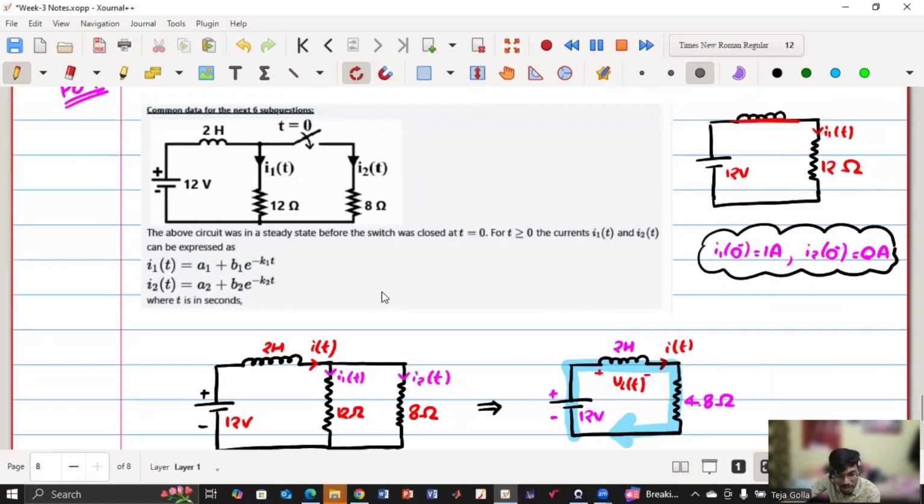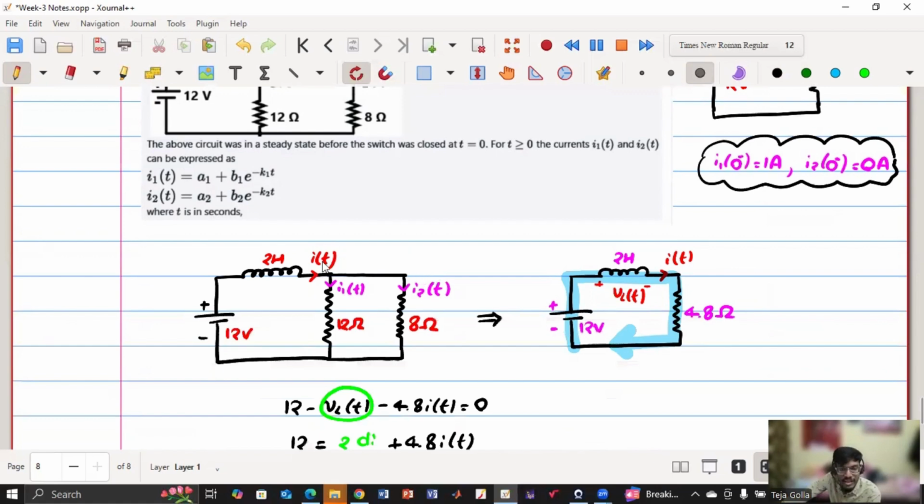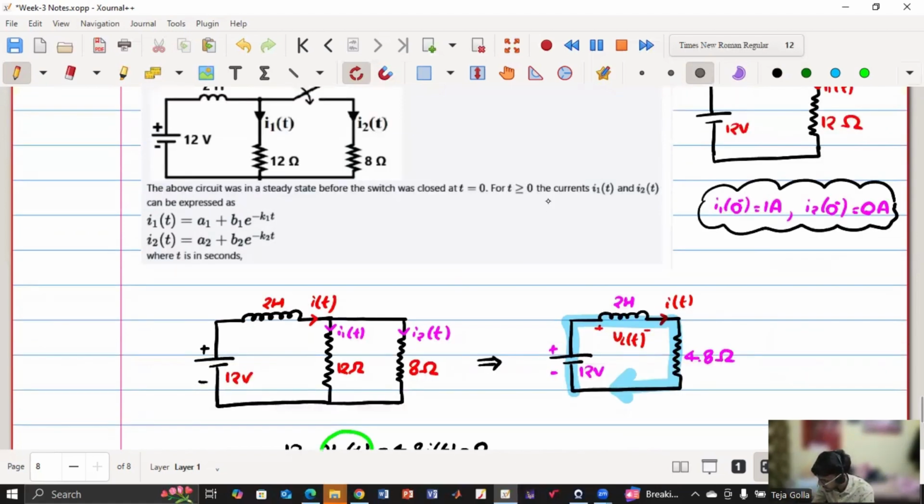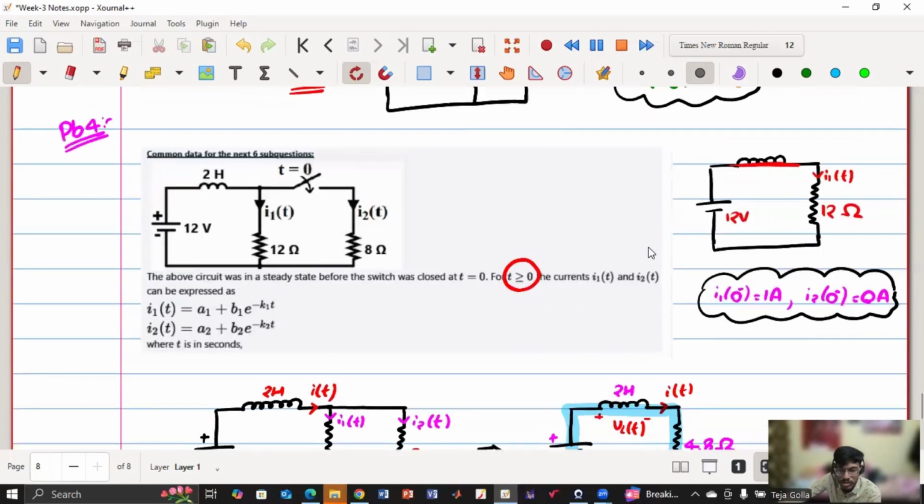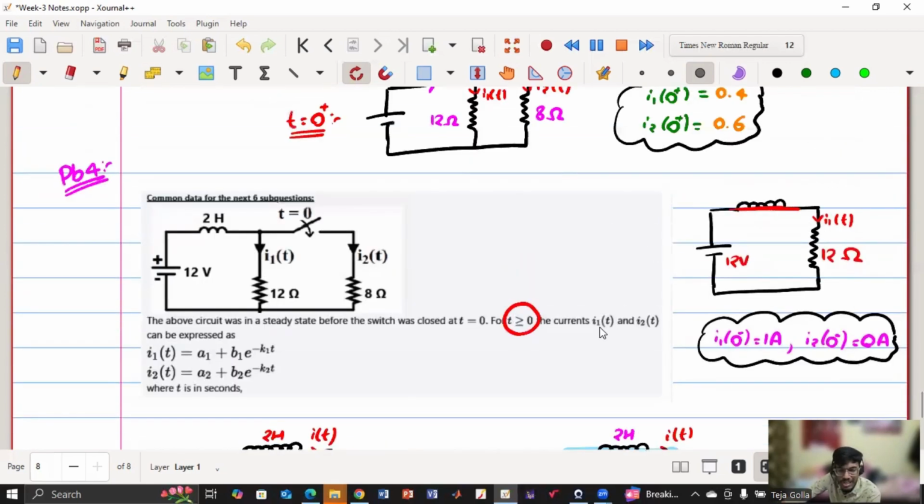But once the switch is closed, then we are calculating the I1 of t, I2 of t, right? So that's why they are saying t greater than or equals to 0, not t less than 0. So after the switch was closed, for t greater than or equals to 0, we are calculating the currents I1 of t, I2 of t. So now if you substitute t equals to 0, then I1 of 0 should be 0.4, I2 of 0 should be 0.6, not 0.